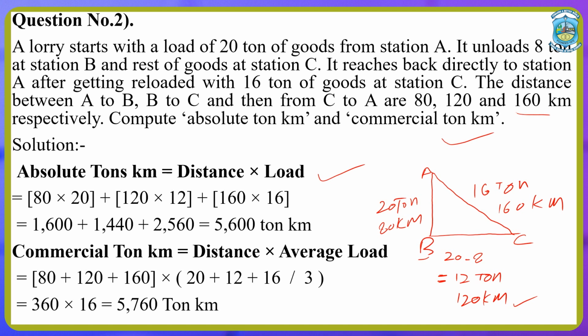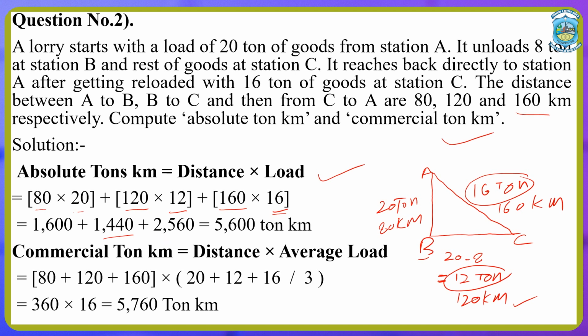A to B, we have 80 kilometers distance covered and 20 tons weight, multiplied, plus B to C distance 120 kilometers and weight 12 tons, multiplied, plus 160 kilometers from C to A and the load 16 tons, multiplied. 80 multiplied by 20 is 1600, plus 120 multiplied by 12 is 1440, plus 160 multiplied by 16 is 2560.